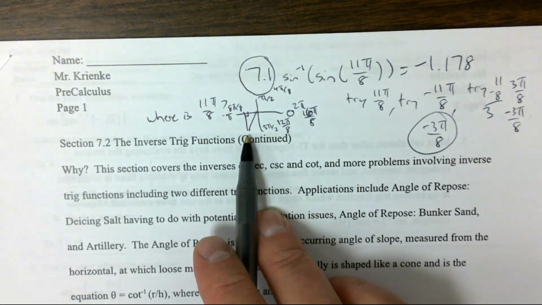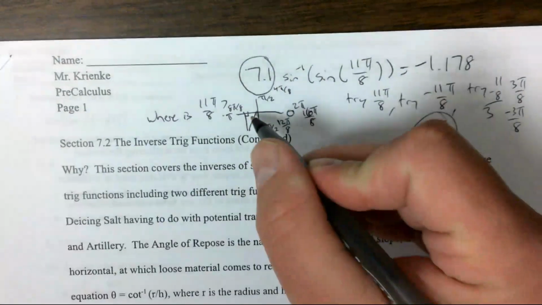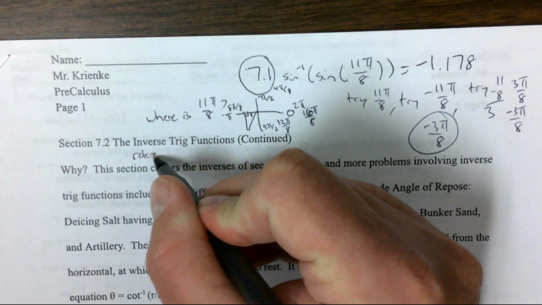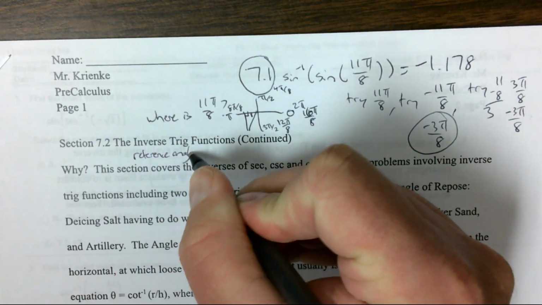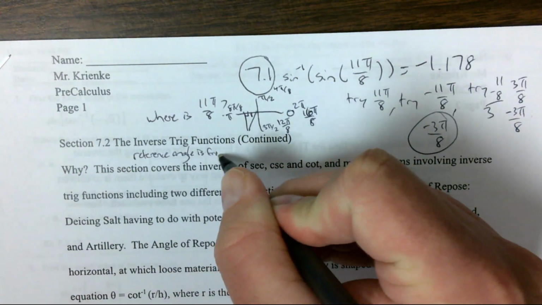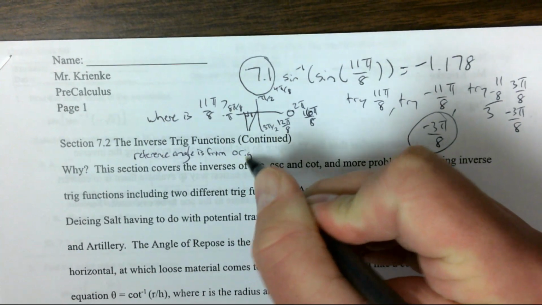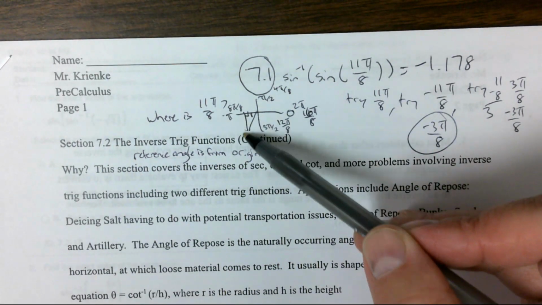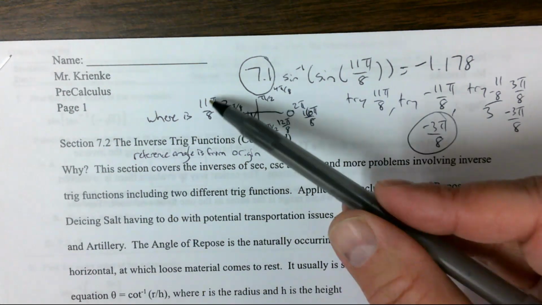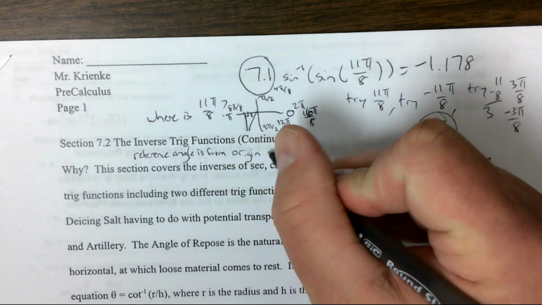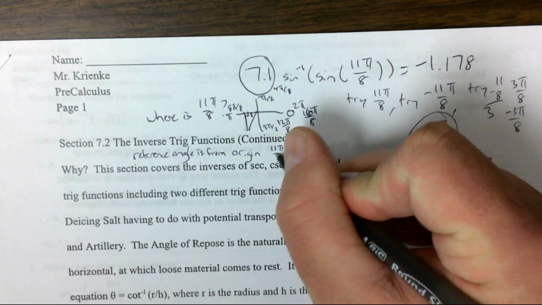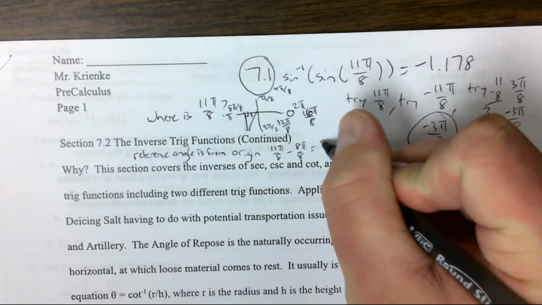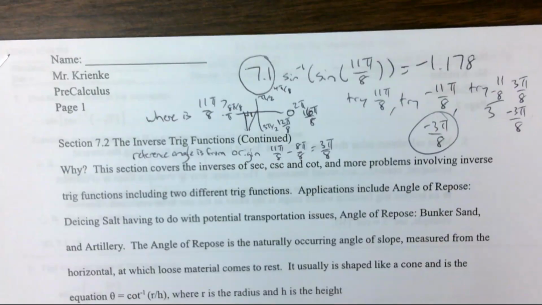Now, to get your reference angle from the origin, I basically already showed you how to get it. If you do 11 minus 8, so 11 pi eighths minus pi, or 8 pi eighths, you get 3 pi eighths as your reference.